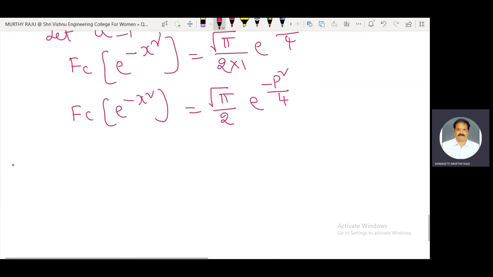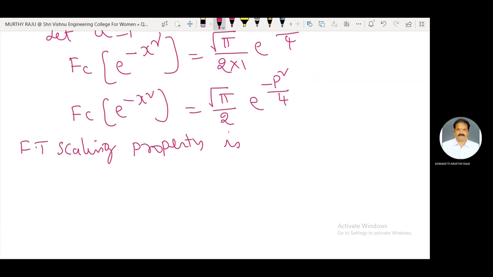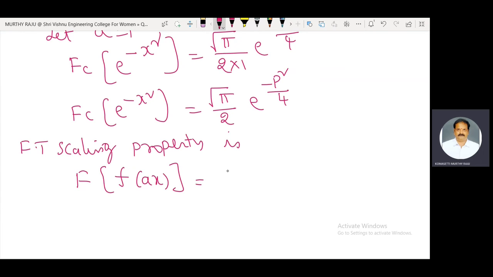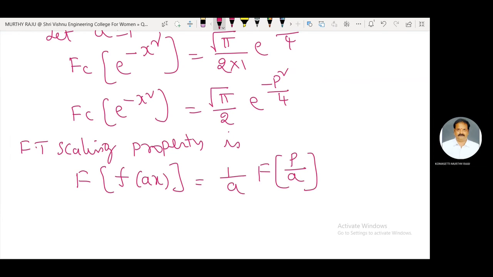Now we are using the Fourier transform scaling property. Fourier transform scaling property is Fourier transform of f of ax is equal to 1 by a f of p by a. Here f of x is equal to e power minus x square.